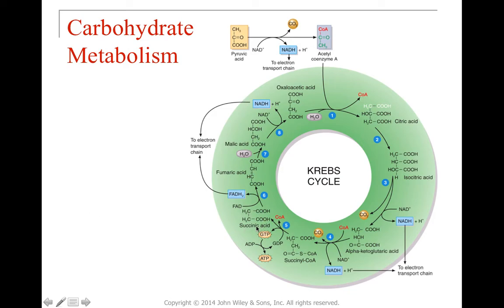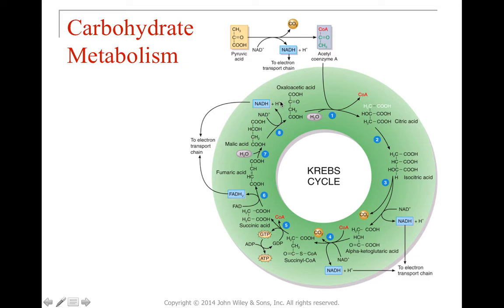Okay, so from succinic acid to fumaric acid, which is step 6, is going to release more FADH. Again, that's going to head out to the electron transport chain. Our next thing is going to be malic acid, and this is going to require the addition of some water. So water is going to have to come in at this point. We're also going to be releasing here some NADH.